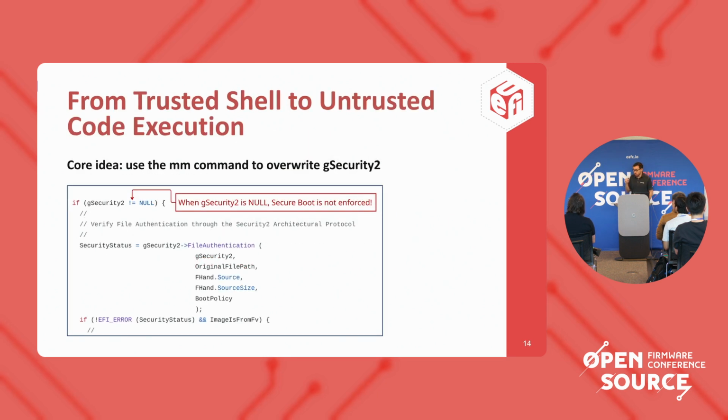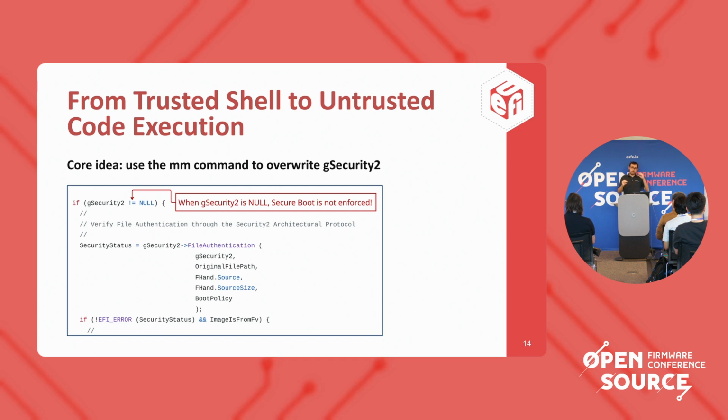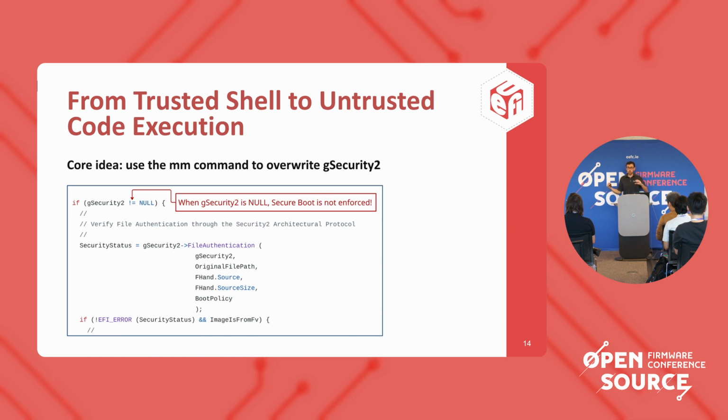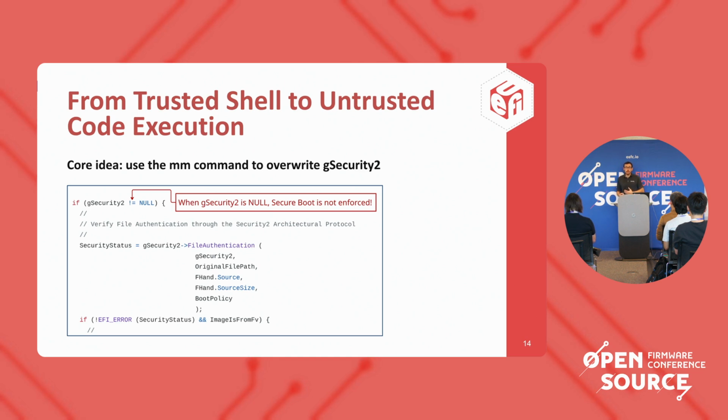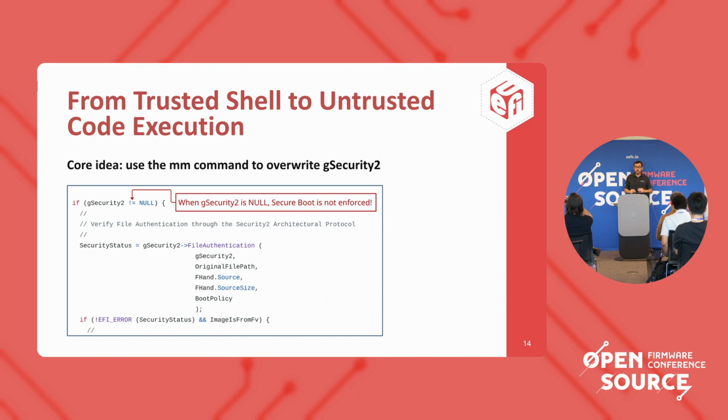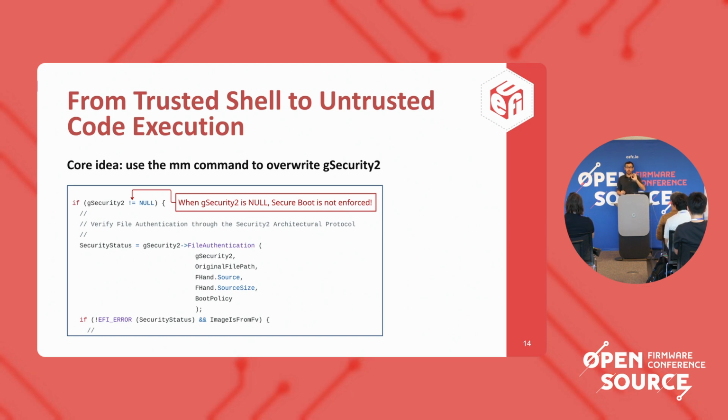So now I want to give a glimpse of how we can convert a write to memory into untrusted code execution. So how do we go from an arbitrary write to arbitrary code execution? The core idea is very simple. We simply use the command to overwrite the gSecurity2 variable with 0.